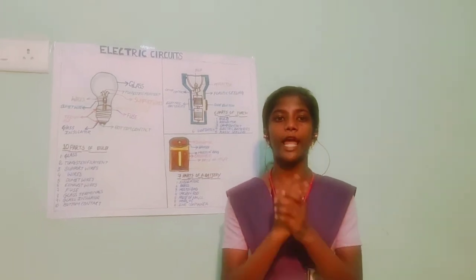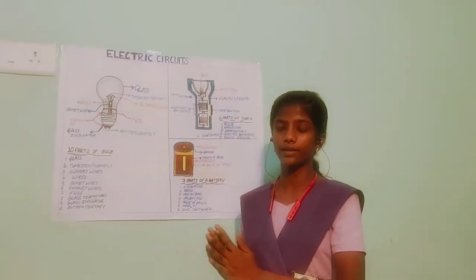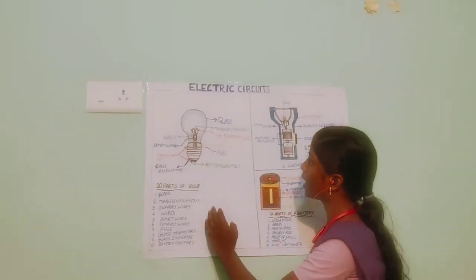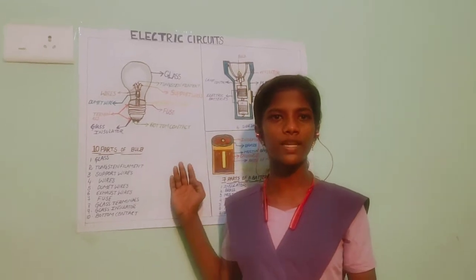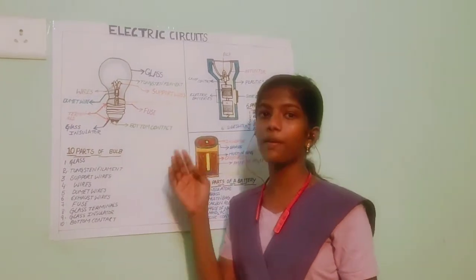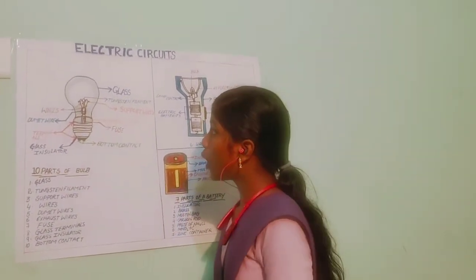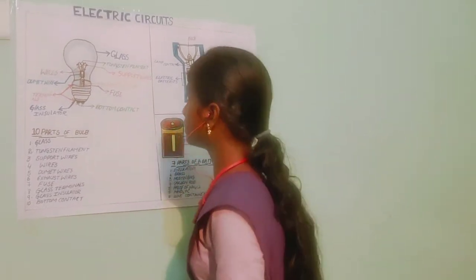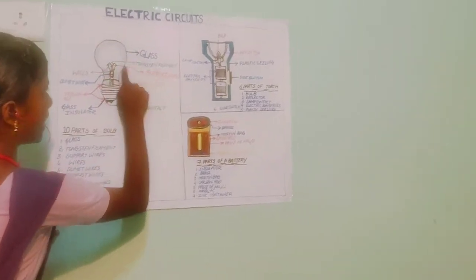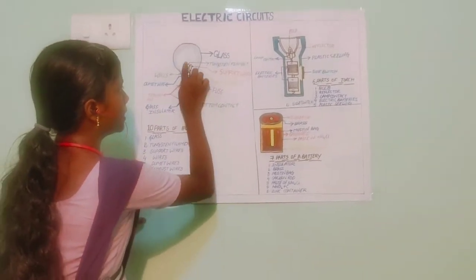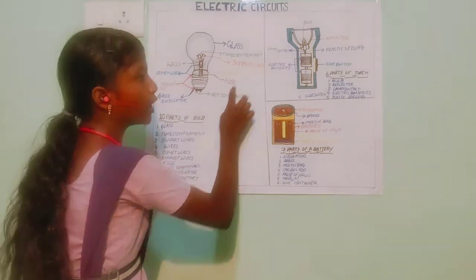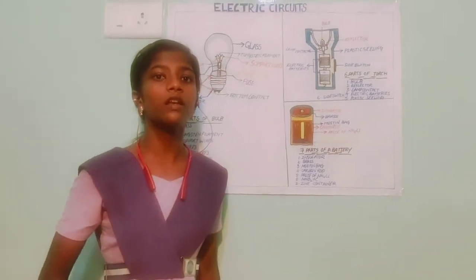Okay, let me explain this chart. See here. What is this, guys? Do you know what this is? Yes, this is a bulb diagram. B-U-L-B. Bulb diagram. Let me introduce the parts of the bulb. This is the glass of the bulb. Tungsten filament. You can see and observe it in your bulb.